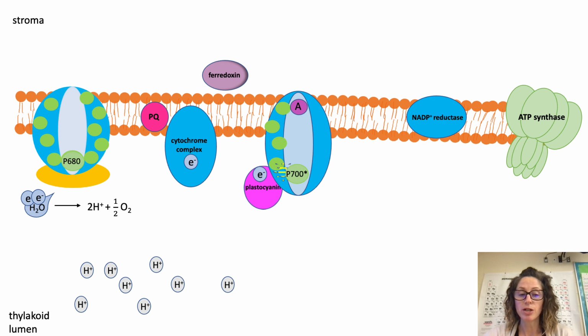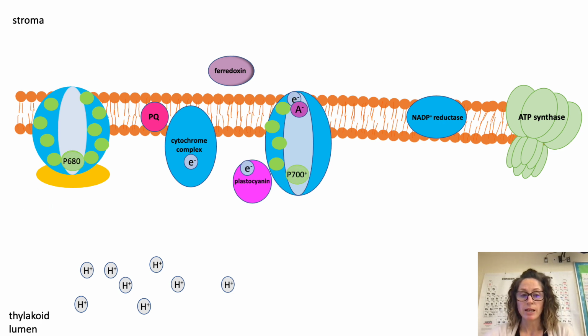The electron is energized, and the electron gets passed to the primary electron acceptor, which then becomes negatively charged, and at the same time, P700 becomes positively charged, and it can take an electron from PC.